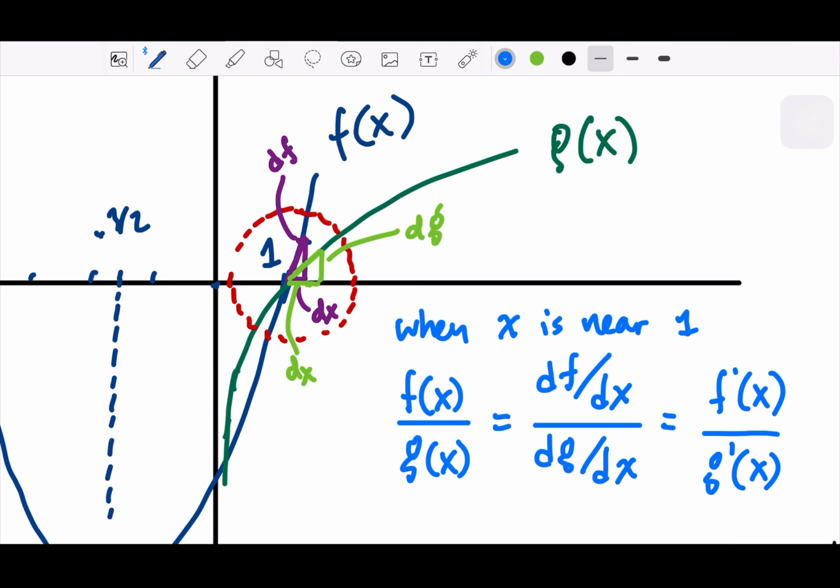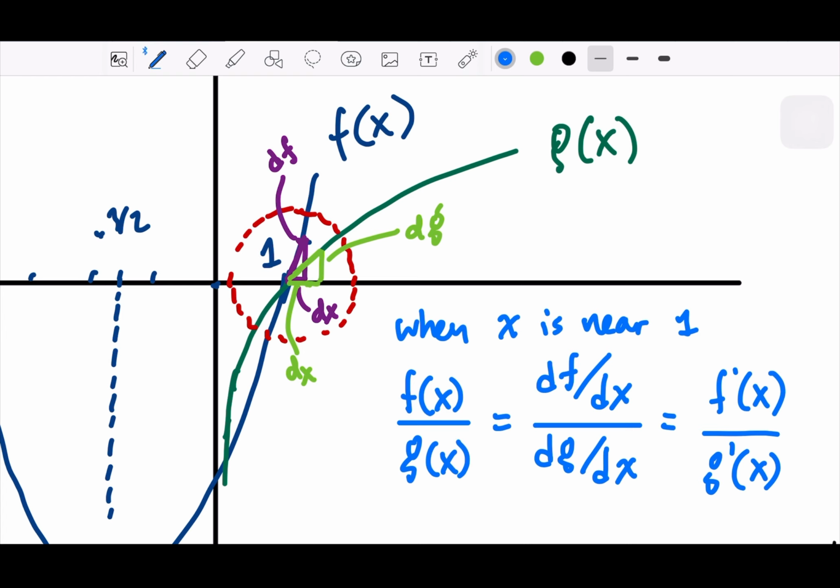Okay, to be precise, what it means is if you zoom in to this area, you will see that nearby x equal 1, the function is kind of like a straight line, right? Like a tangent. If you remember what the tangent is, it's related to the first derivative and so on.